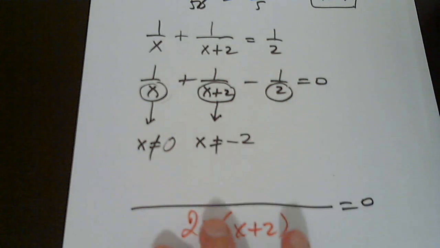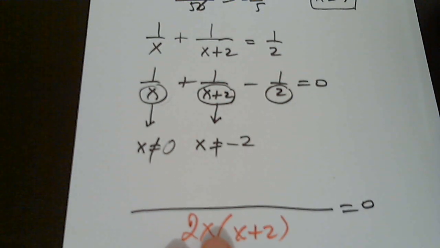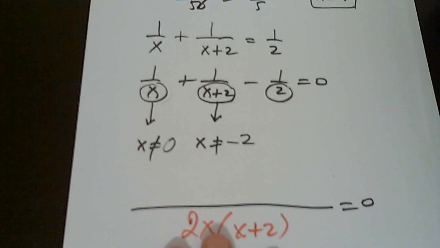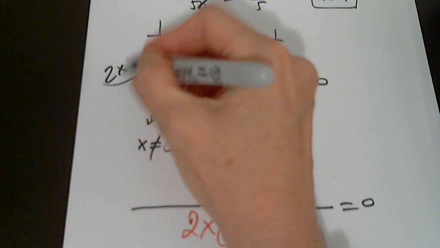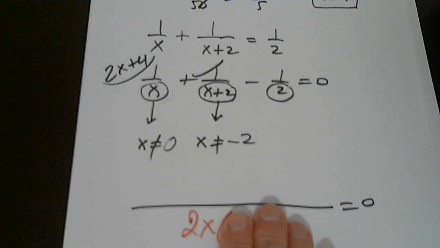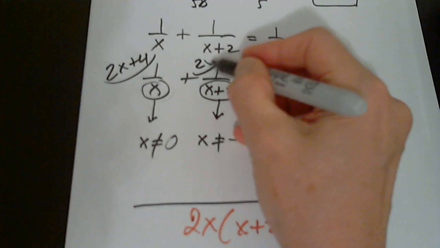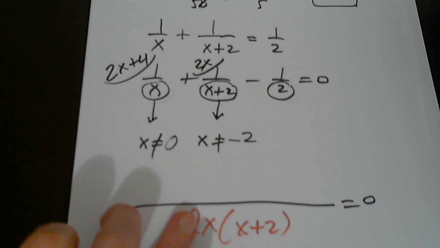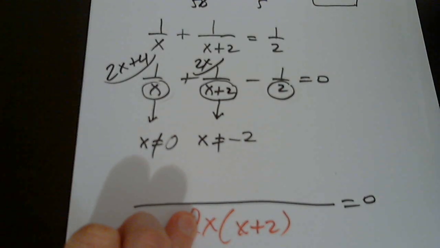x was multiplied by what? x plus 2. And 2. Okay. So it's 2x plus 4. x plus 2 was multiplied by? 2x. Very good. And 2 was multiplied by? Oh, I got it. x squared plus 2x.